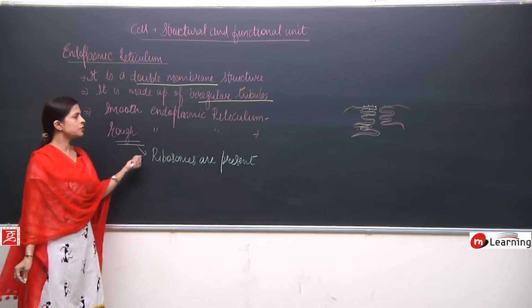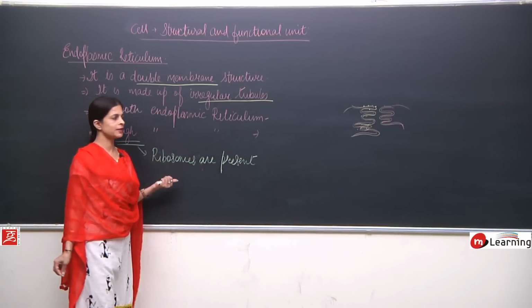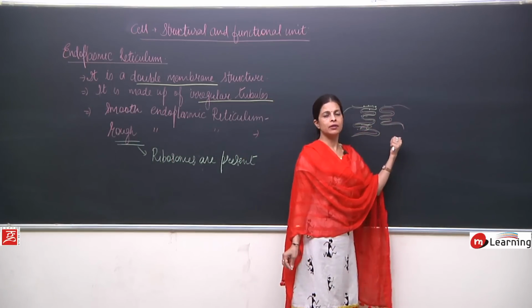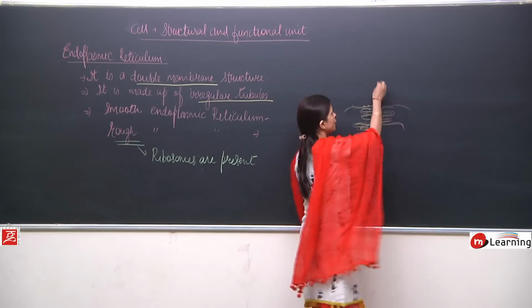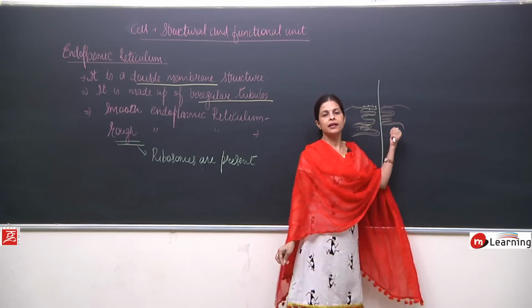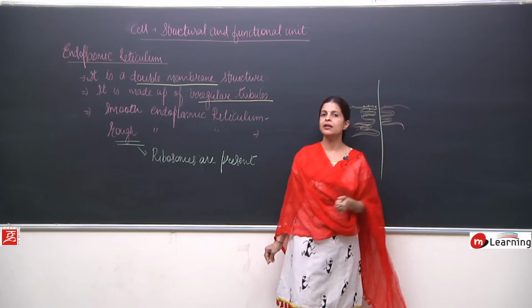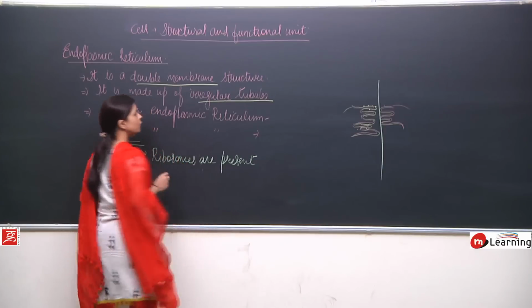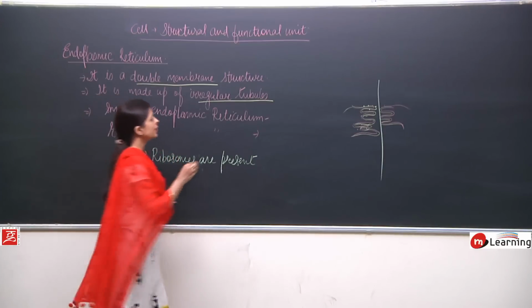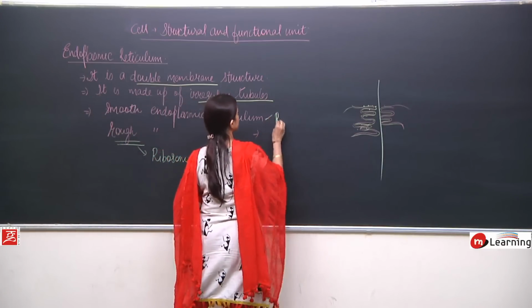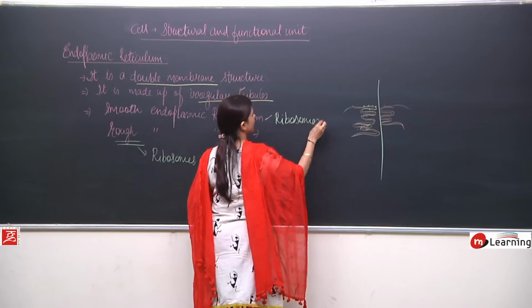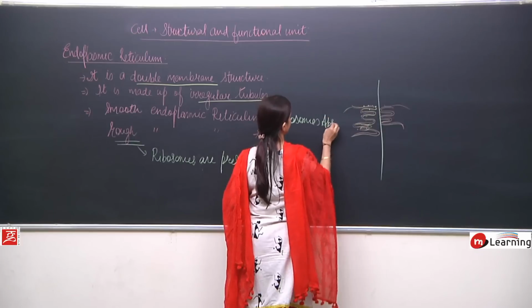Ribosomes are present and so it is known as rough endoplasmic reticulum. If ribosomes are absent, say in this part, if I make it like this, here if ribosomes are not there, then it is known as smooth endoplasmic reticulum. That means ribosomes are absent.